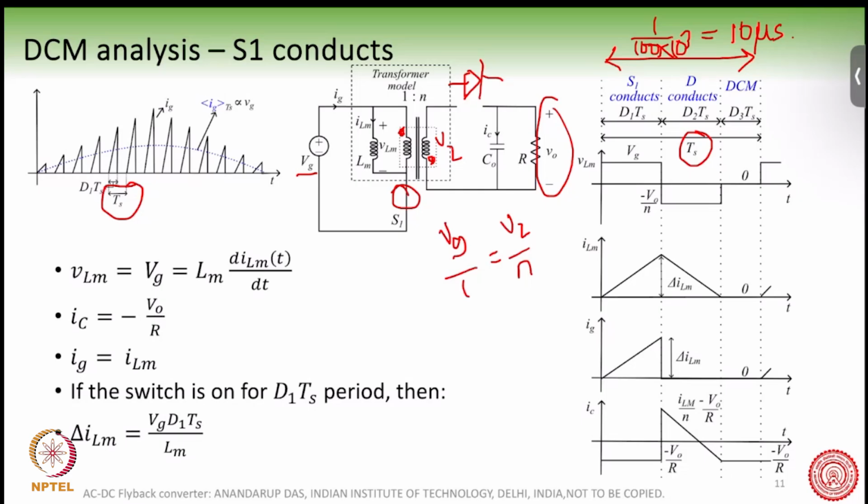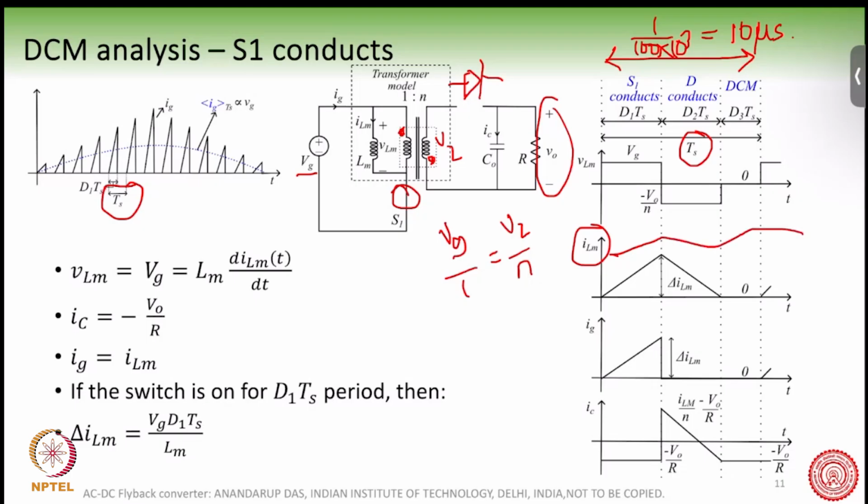And so the analysis will proceed exactly the way that we have done the analysis with the DC-DC flyback converter. The only thing that will now change is the waveform of ILM. Earlier, the ILM waveform was something like this with a very small ripple.